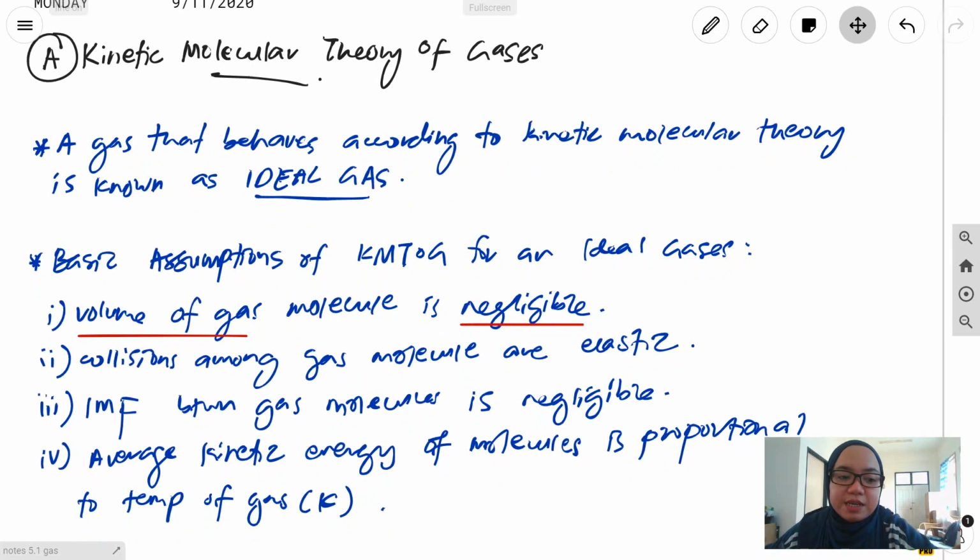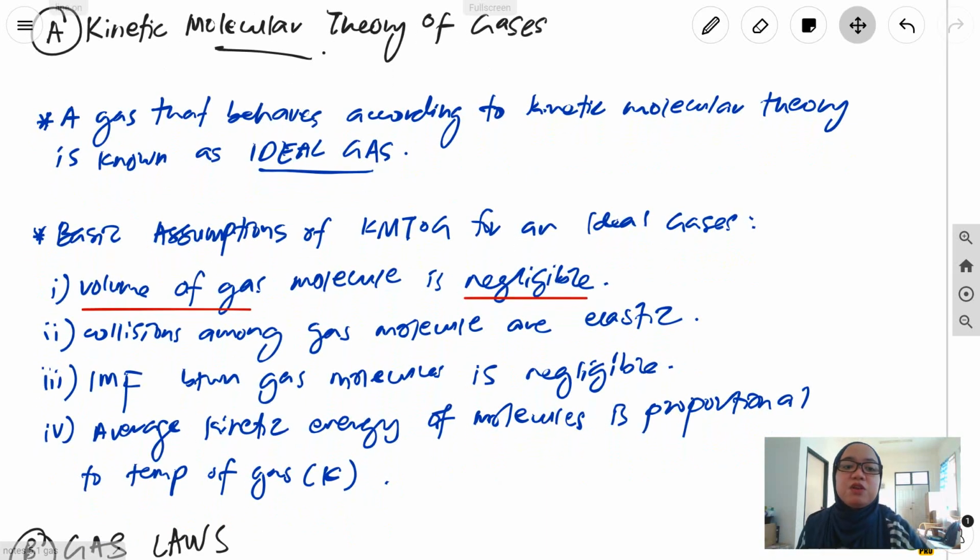The first one is that it is assumed that the volume of gas molecules is negligible. Since the size of the gas particles is much smaller than the volume of the container, the gas particles are located separately, very far apart from each other.